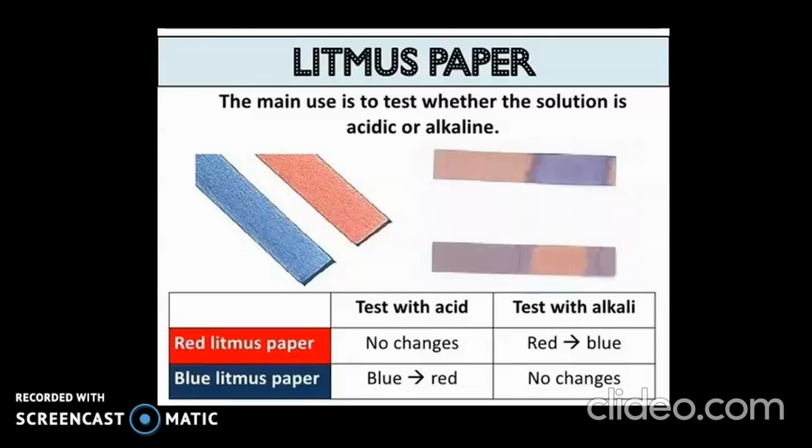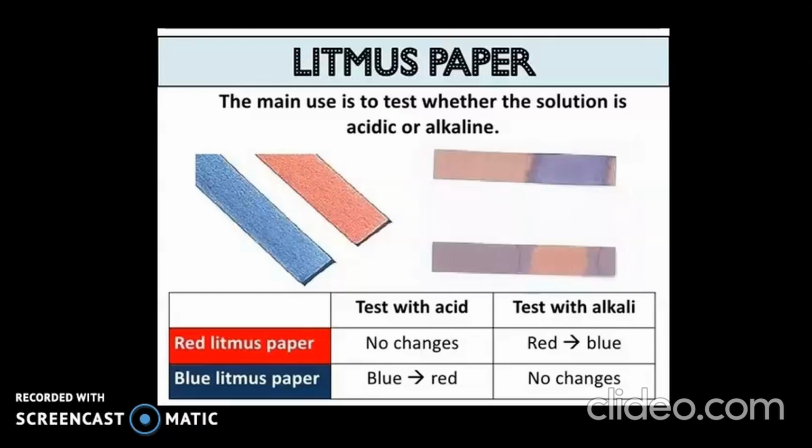This shows that the solution in beaker A is acidic. Similarly, in beaker B, if we put both red and blue litmus, the red litmus turns blue, whereas blue litmus remains blue. That means the solution in beaker B is basic in nature.